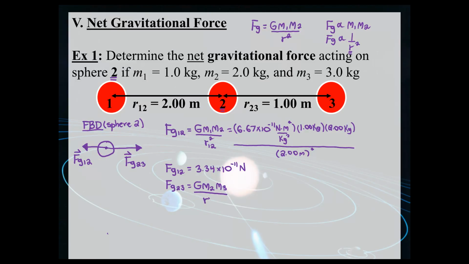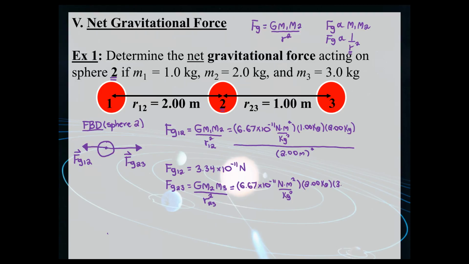Divide this by r squared, and we'll add 2, 3 here to indicate it's the distance between 2 and 3. Plug the numbers in, so you've got 6.67 times 10 to the negative 11 newtons times meters squared per kilogram squared. Multiply by m2. m2 is 2.00 kilograms.